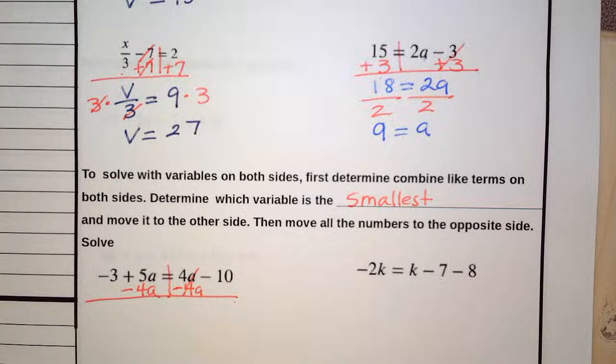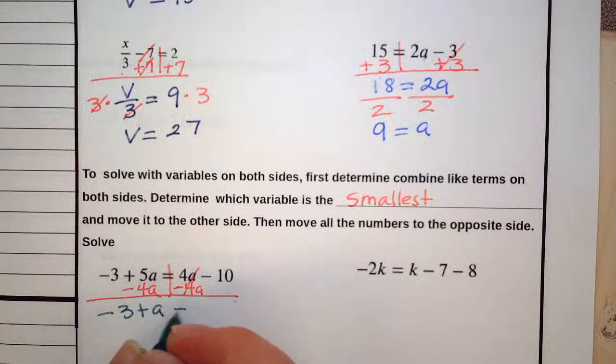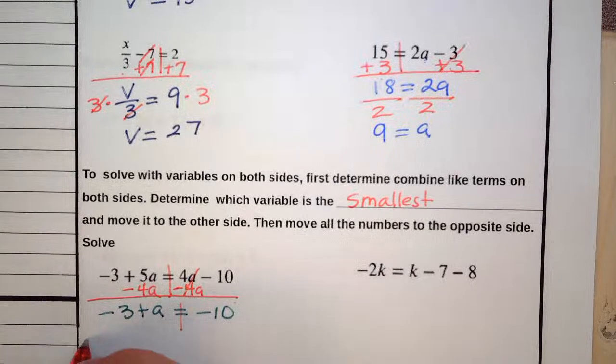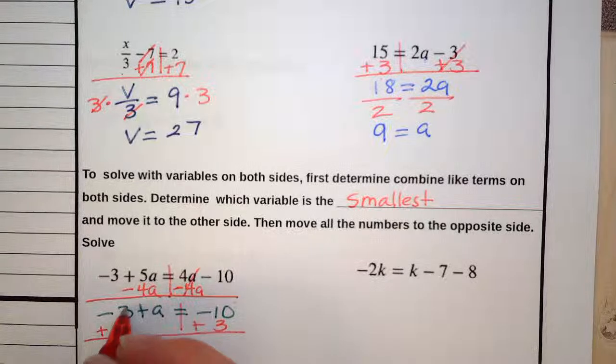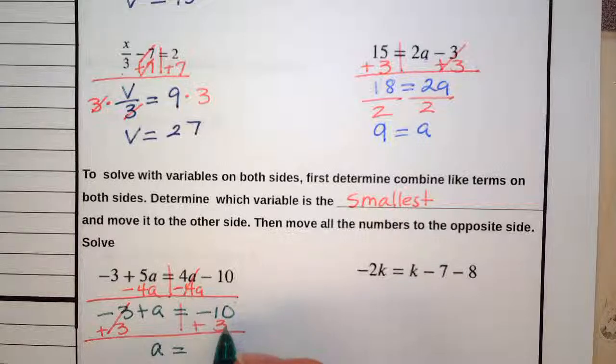I now have -3 plus A is equal to -10. My last step is to add 3 to both sides. A is equal to -10 plus 3.